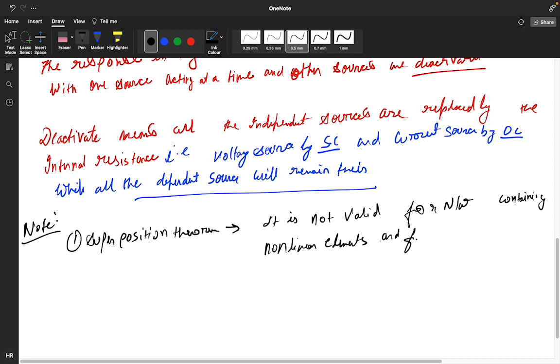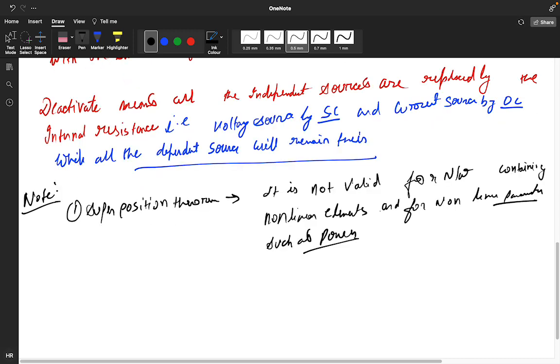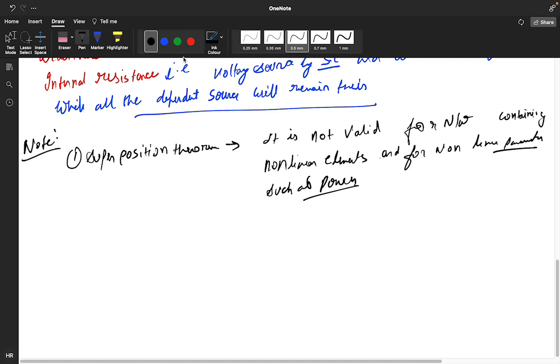How so? See, what is the equation of power? V I. You have to express it in terms of resistance, so you take only one variable.